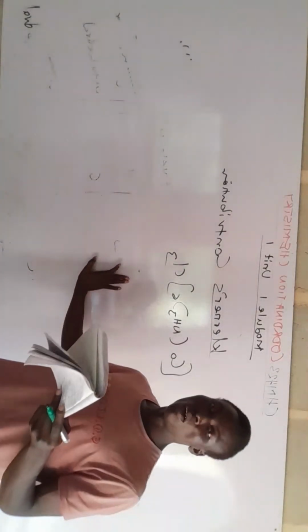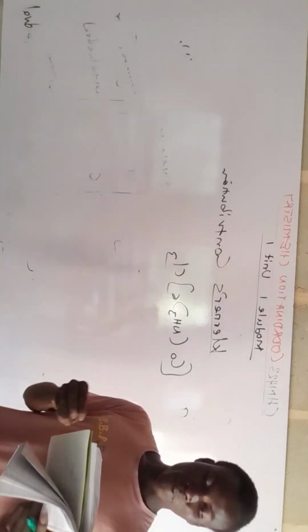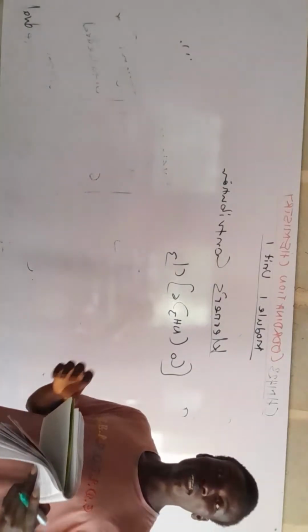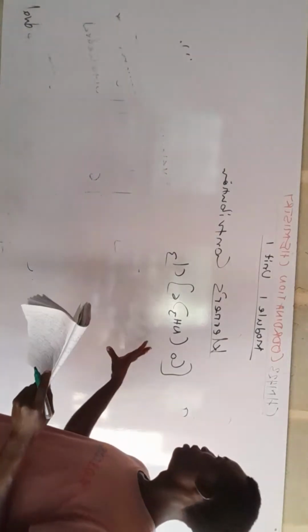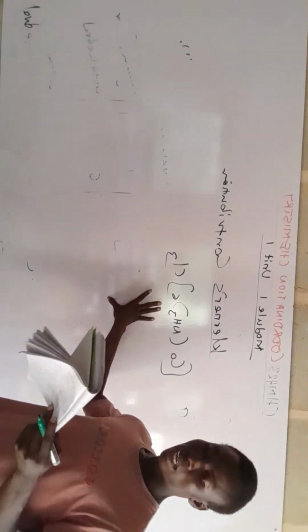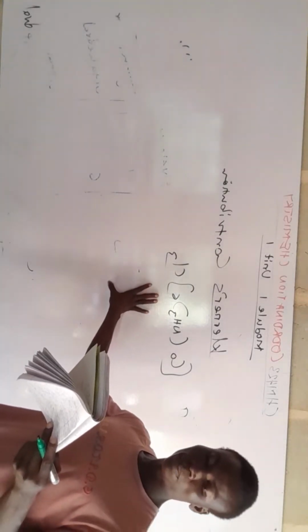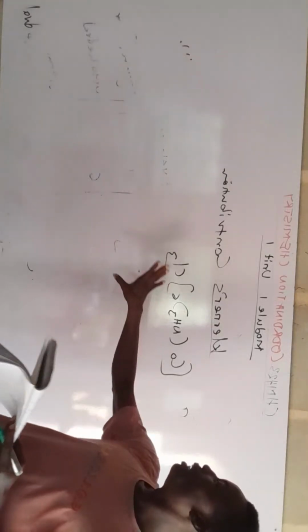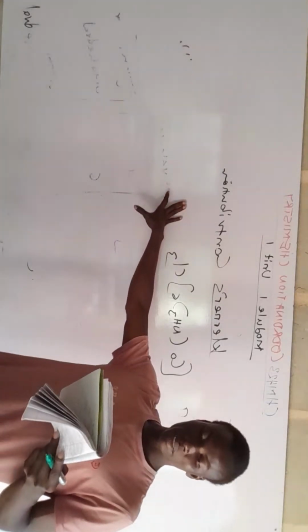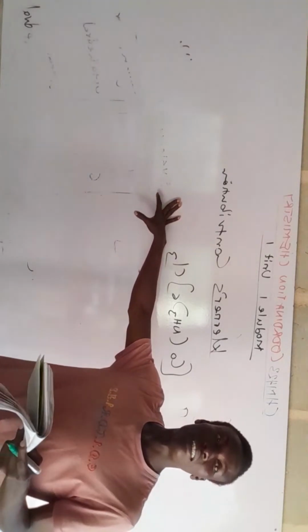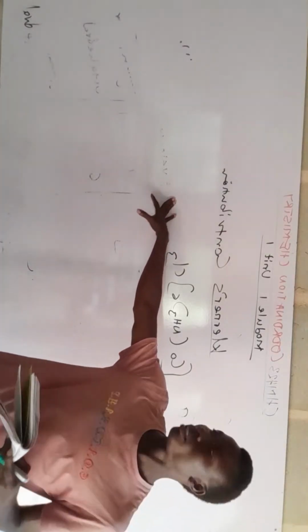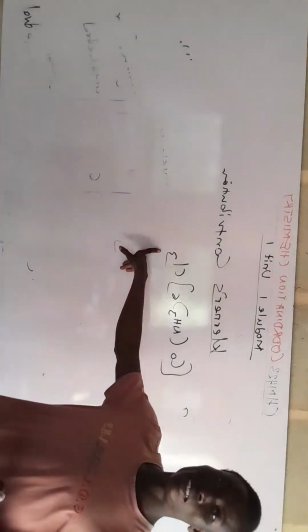Now, this compound that you're seeing in this place, the molecules of the chloride, which has to do with the chloride ion, form the precipitate. It is just 3 moles of the chloride ion precipitate. Look at it here, Cl3.